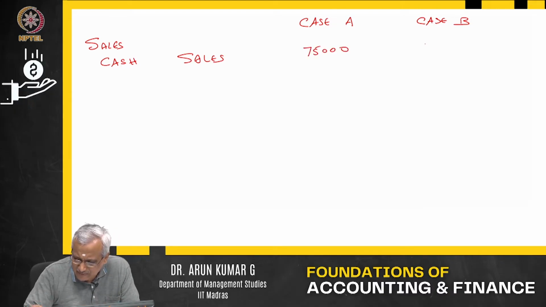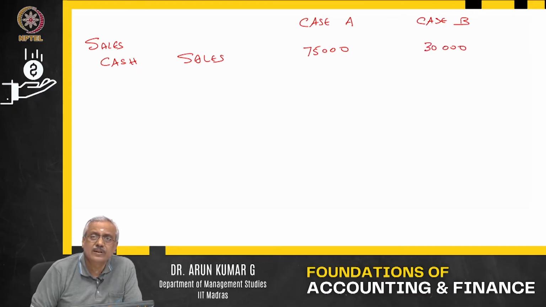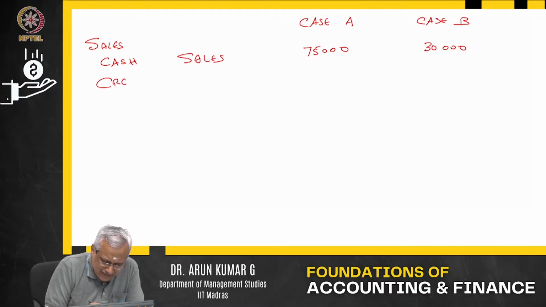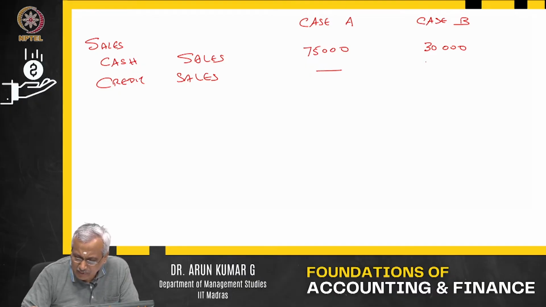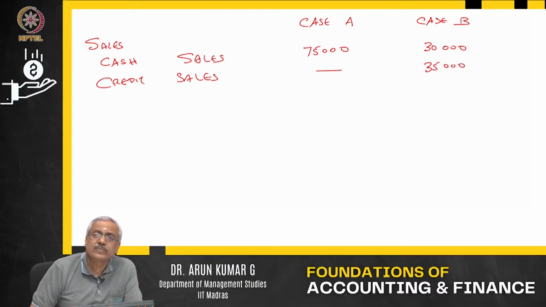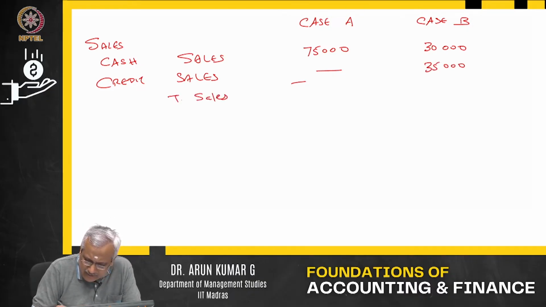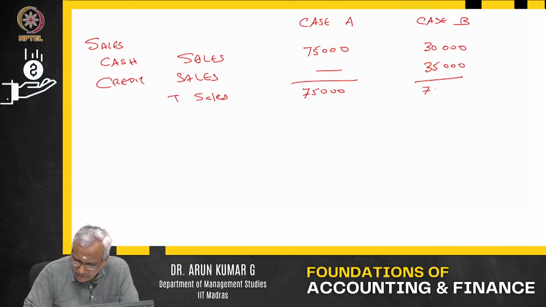Cash sales for case B is about, let us say, 30,000. Credit sales for A is 0, for B is about 35,000. So, total sales is 75,000 for this and 75,000 for this.